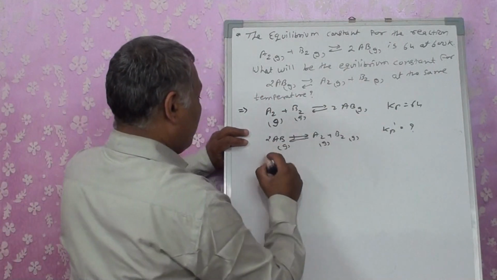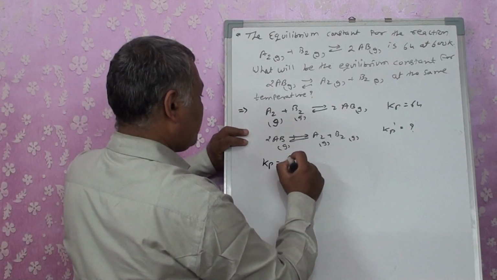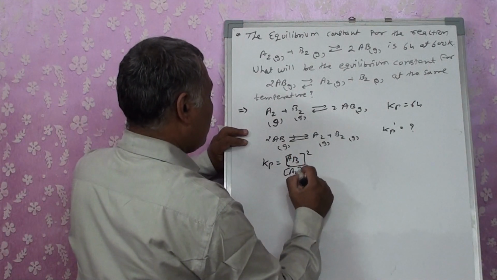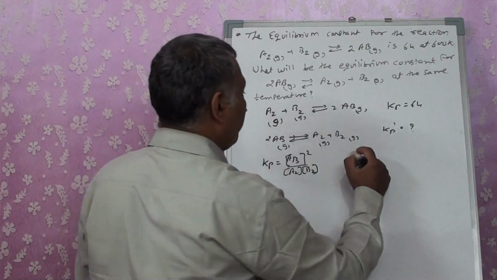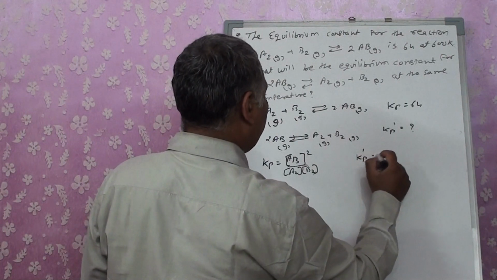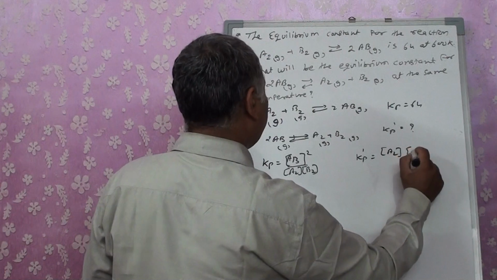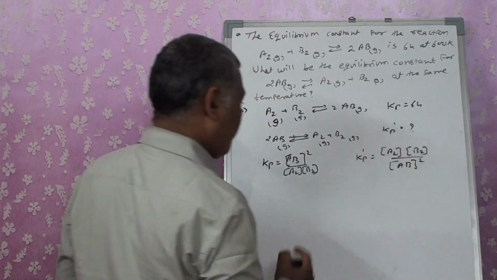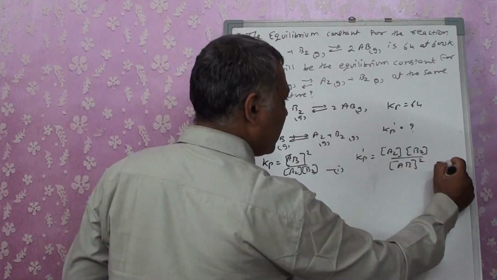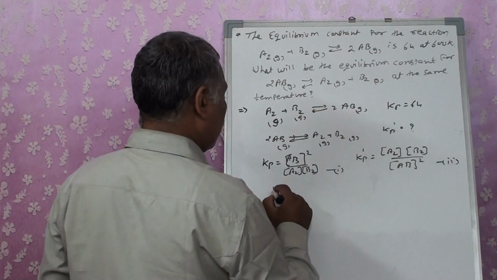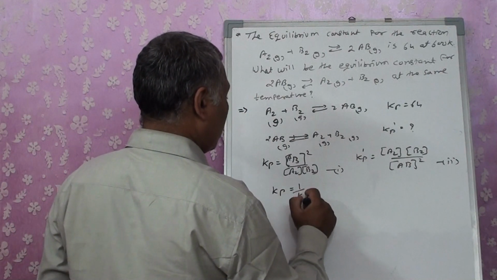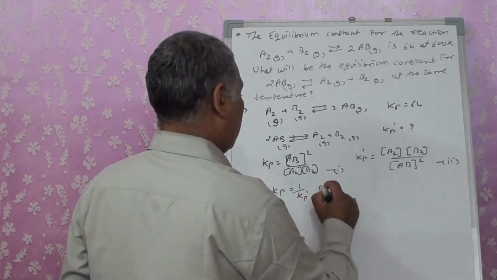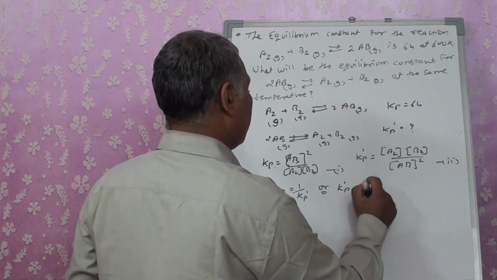We can derive it. Kp is equal to AB whole square over A2 B2, and for Kp dash, A2 B2 over AB whole square. So from equations 1 and 2, Kp is equal to 1 by Kp dash, or Kp dash is equal to 1 by Kp.